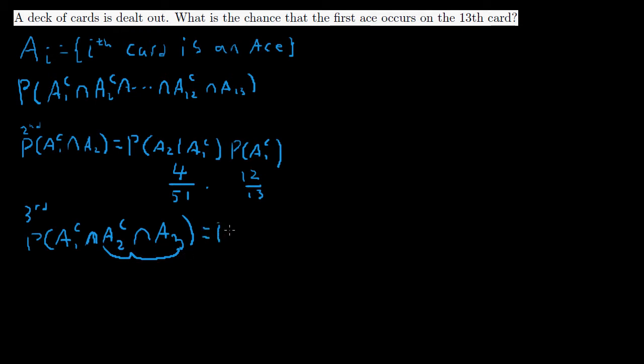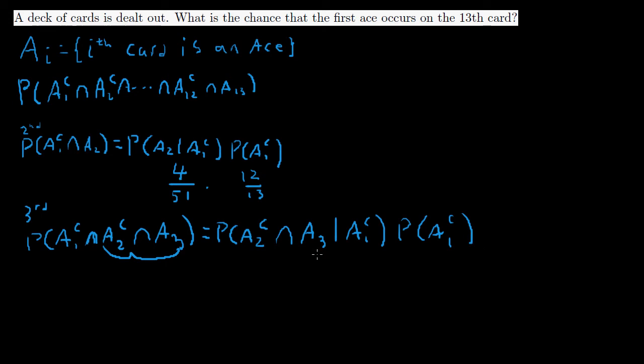So we have the probability of A2 complement and A3 given A1 complement times the probability of A1 complement. Now we need to expand this further.